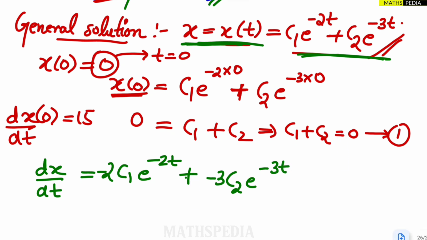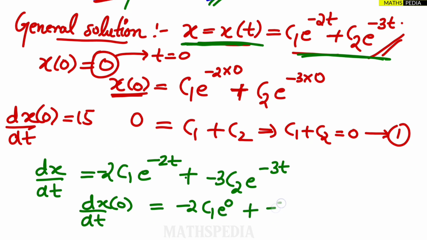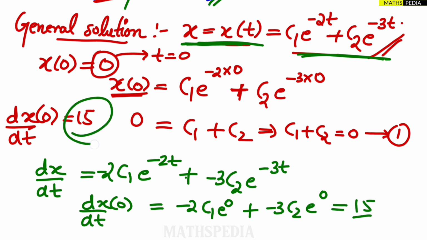Now after differentiating, we know dx by dt of 0 is 15, right? So in place of t, I am going to substitute t equal to 0. So what will happen? Minus 2 c1 e power 0 plus minus 3 c2 e power 0 is equal to 15.